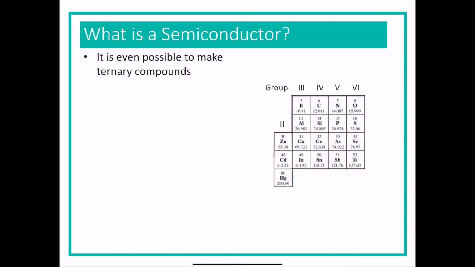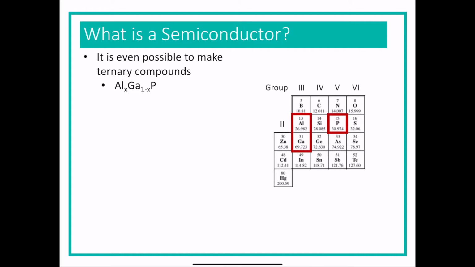And when we do that, we'll basically take 2 elements from one group and 1 element from another group. So in this case, there's aluminum and gallium, and they are proportioned so that the amount of gallium and aluminum together is going to be the same as the amount of phosphorus.